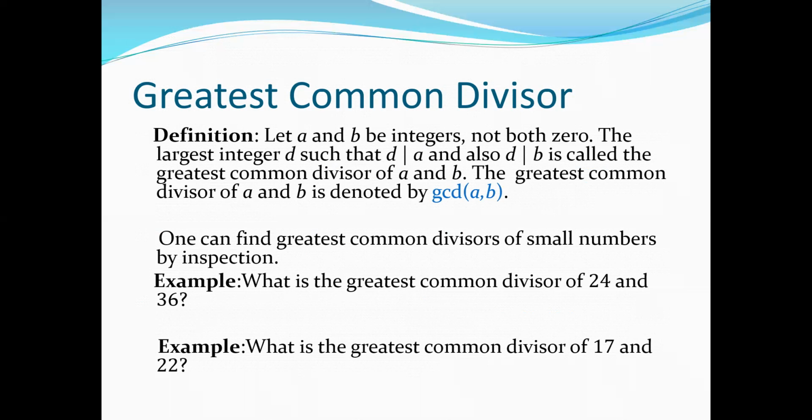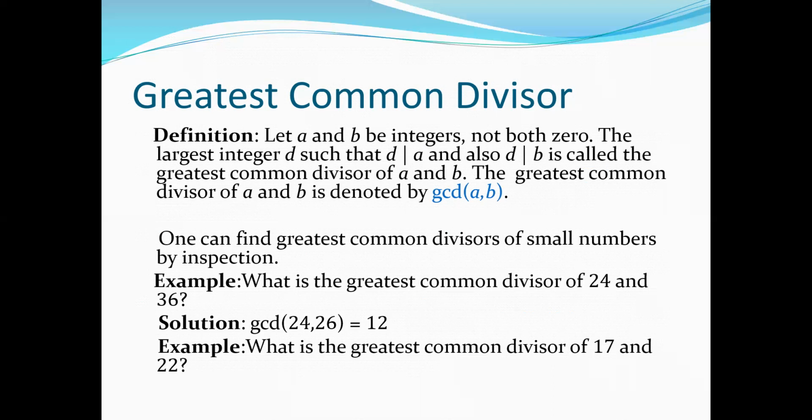Okay, so for example, what is the greatest common divisor of 24 and 36? We could list all the factors of 24 and 36, and then see which is common to 24 and 36, and which is the highest; that will be the GCD. Which is 12.